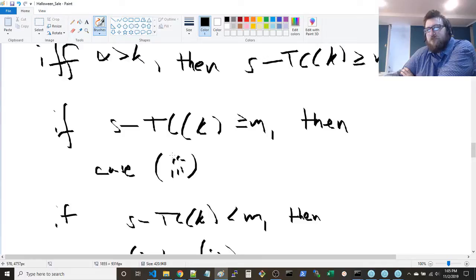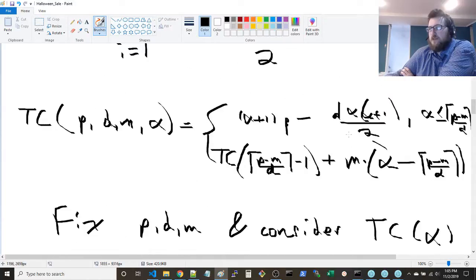So case 3 is if you have more than one m, right? Certainly you end up with at least one of these. It's case 3, and you can compute alpha from this equation, right?